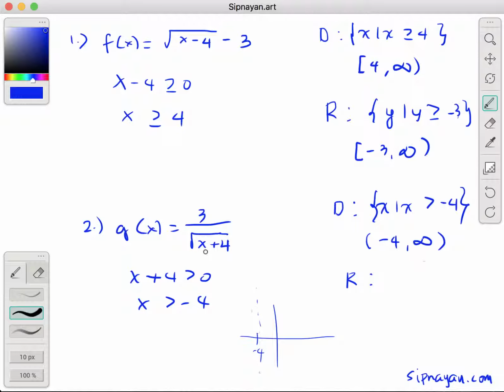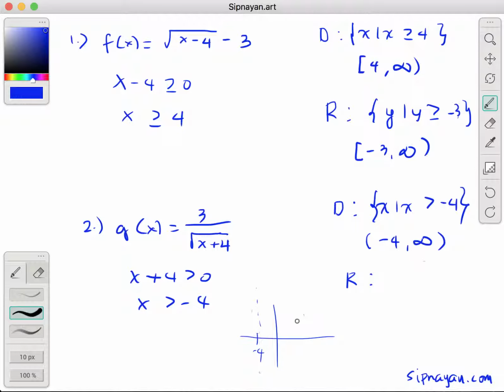Tapos, habang palaki ng palaki yung x, what happens to this whole number? Lumalaki rin to, di ba? Pag nilakihan mo yung x, lumalaki yung square root ng number na nasa loob dito. Pag lumalaki yung denominator, lumiliit yung buong fraction.